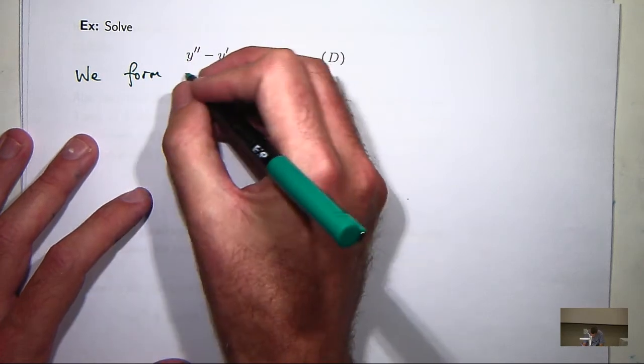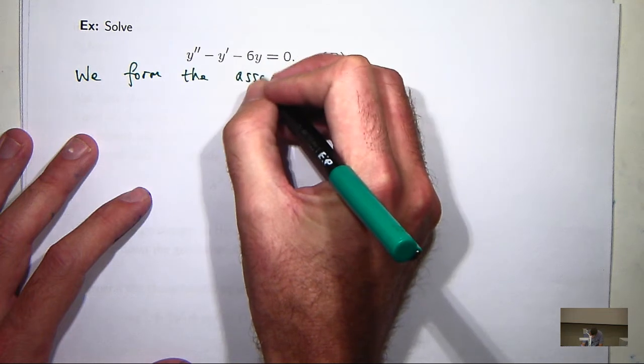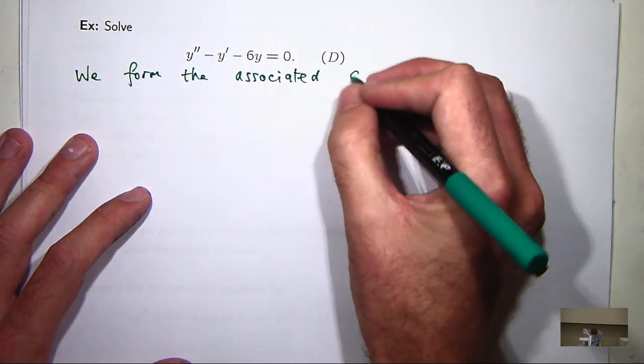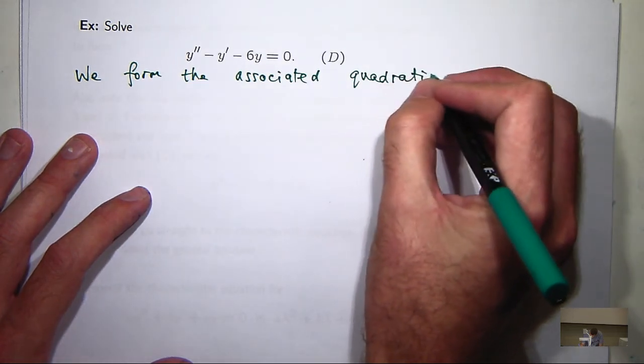Now, the quadratic equation is based on the coefficients of y double prime, y prime, and y. So, in this case, it's going to be lambda squared minus lambda minus 6 equals 0.